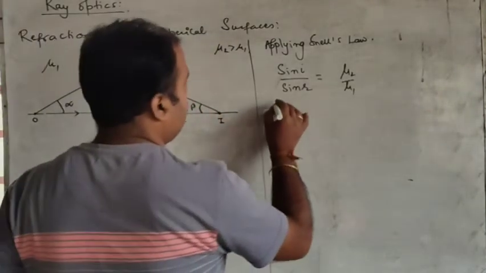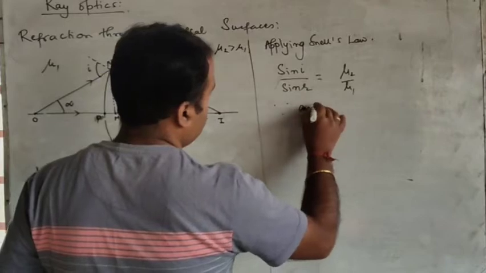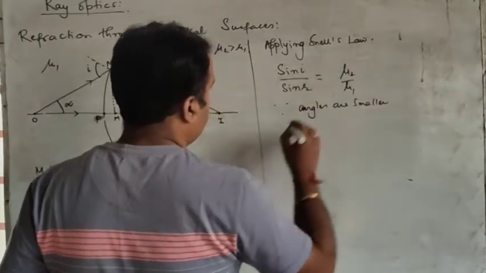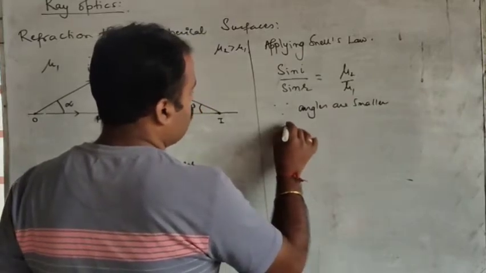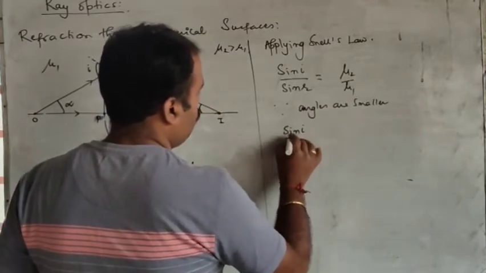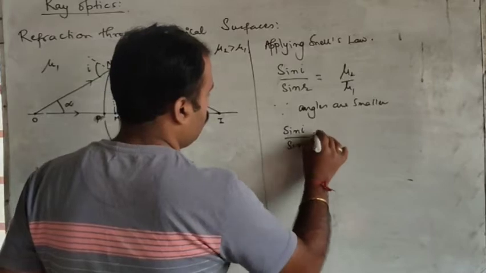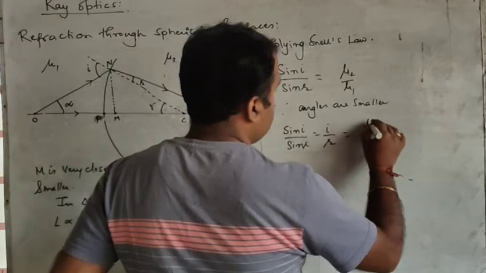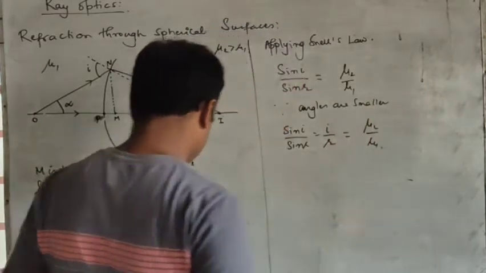Since the angles are very small, sin I will change to I and sin R will change to R, which gives us mu2 by mu1.